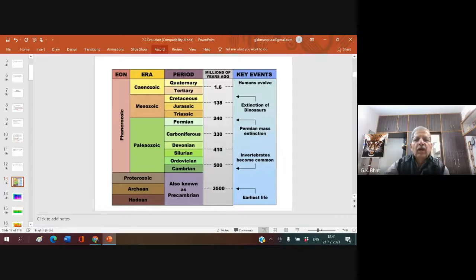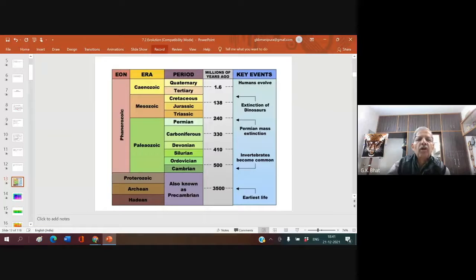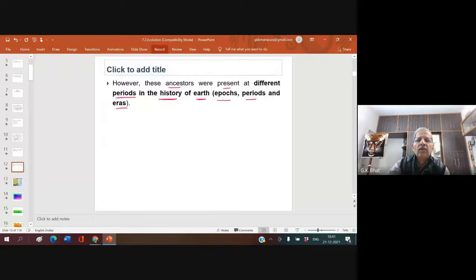Look here. The larger unit is called an era. The era is divided into smaller units called periods. These periods are further divided into still smaller units, the epochs. So epochs are the smallest.